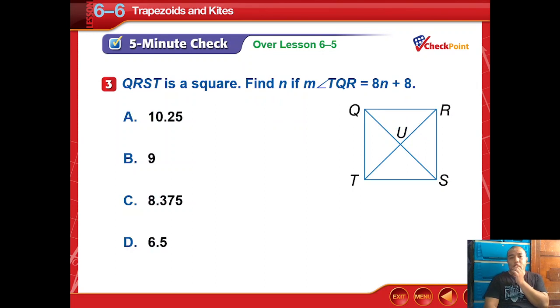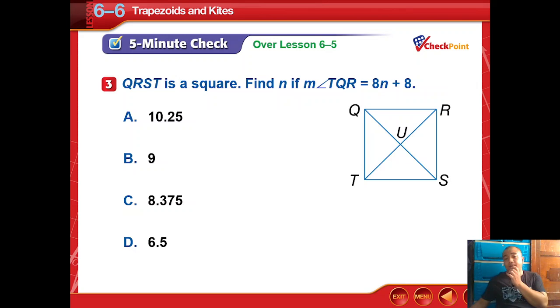This time is a square. QRST is a square. Find n if the measure of angle TQR is equal to 8n plus 8. That means it is equal to 90 degrees, right? Because all the angles of a square are equal to 90 degrees.